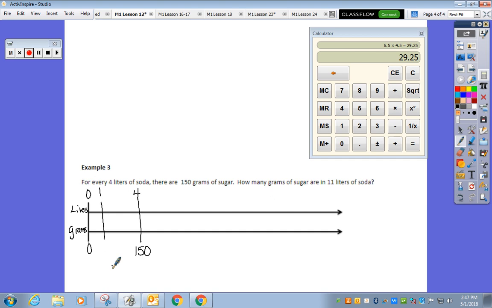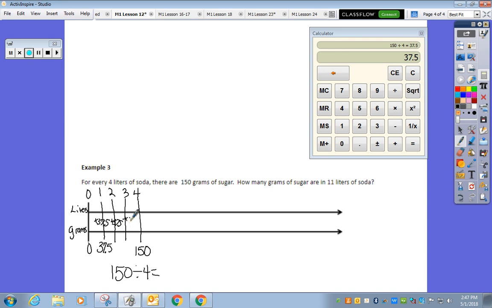So I'm going to break this down and bring it down to 1 liter. In order to do that, I'm going to do 150 divided by 4, which tells me it's 37.5 grams for each liter. So I can do 2, 3, I'm kind of squished here. But to get from each one, I'm multiplying by 37.5.